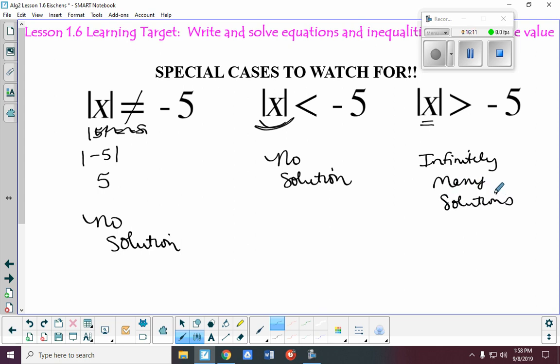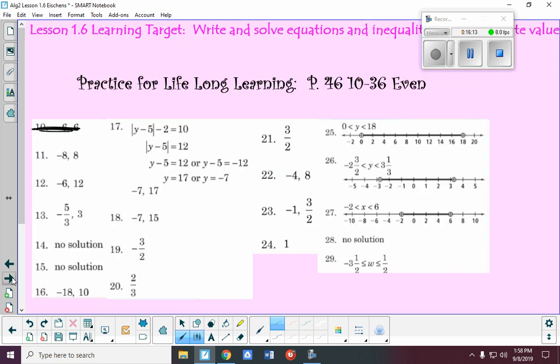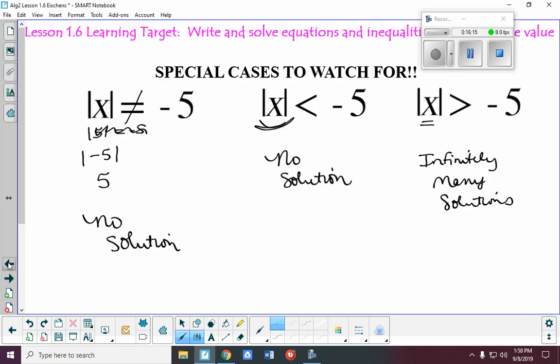There you go. So watch for those special cases to pop up. For example, if you see the absolute value of 2x minus h is equal to a negative 3, your first response should be, we're saying the absolute value of something is equal to a negative. Can't happen. That's no solution. So watch for that.